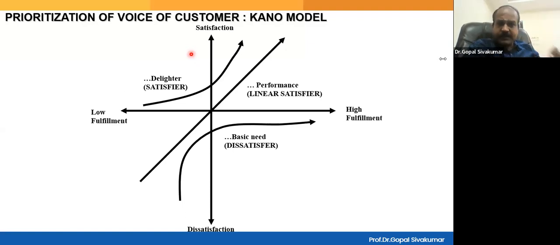So they are very dangerous factors. Am I right? Your first priority should go on them. If there are 100 must-be features in your product, you must try to give all 100 in your product. Otherwise, your product will definitely fail in the market. All of you agree with me?